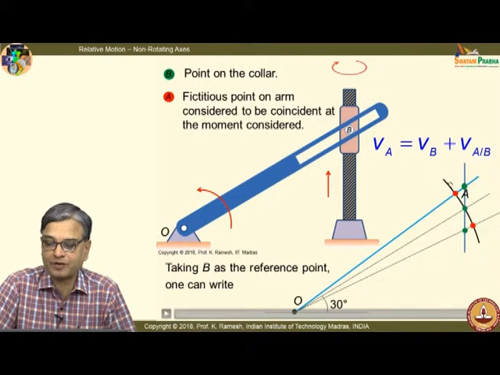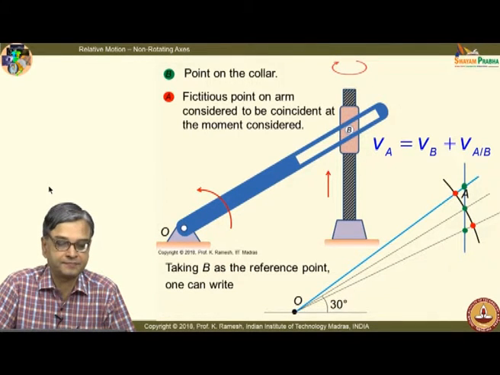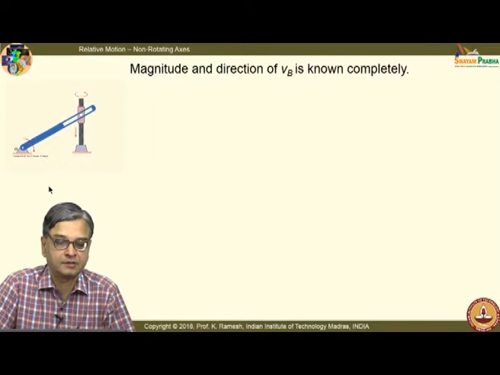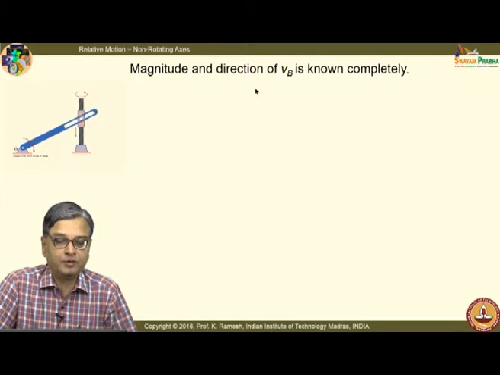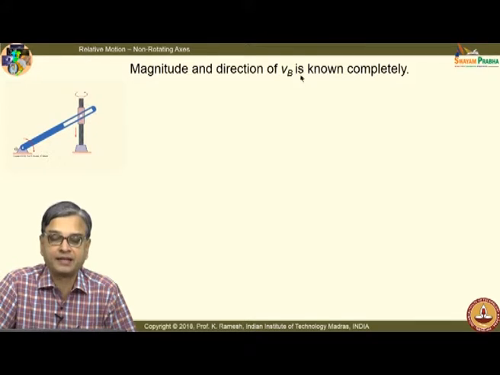Even if I have to do the vectorial analysis, I have to visualize these movements. Only then I would be able to write the unit vectors properly. Okay. And we would solve the problem both by a graphical approach as well as a vectorial approach.